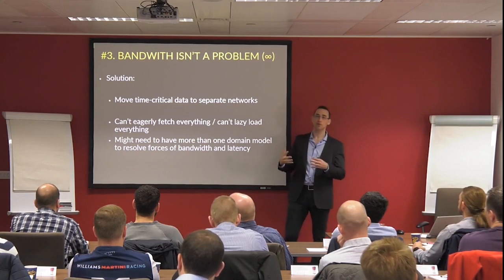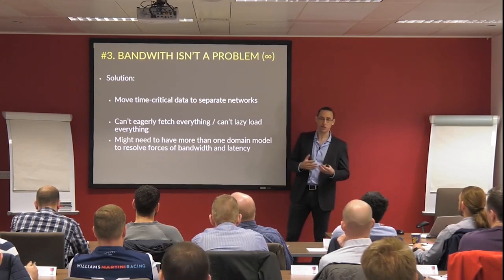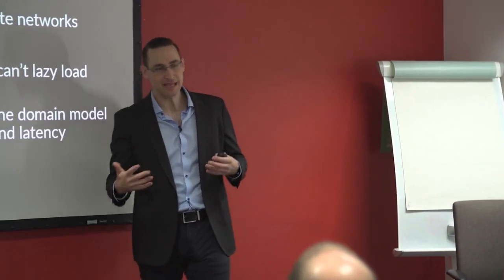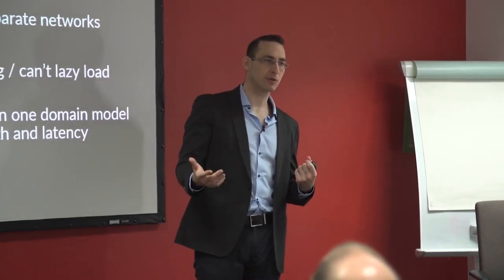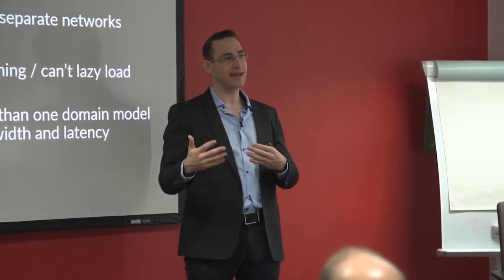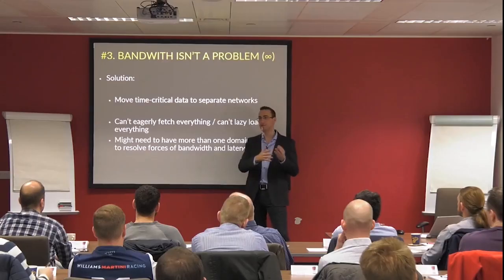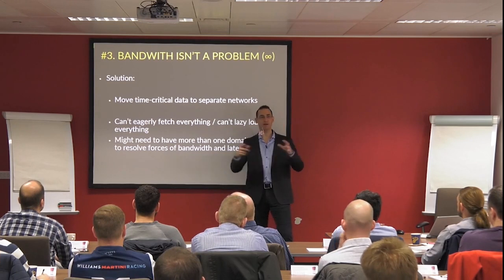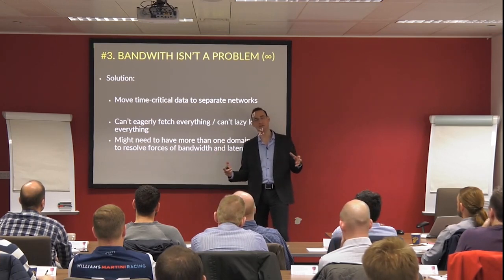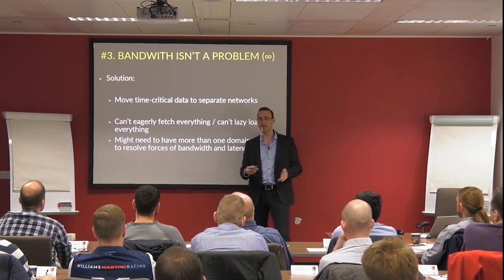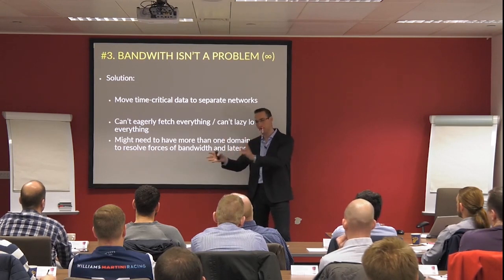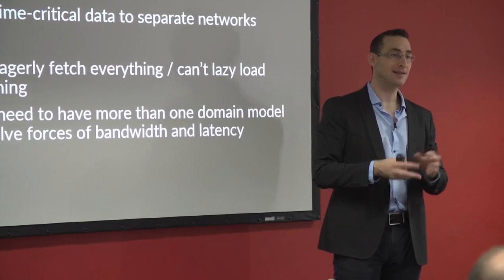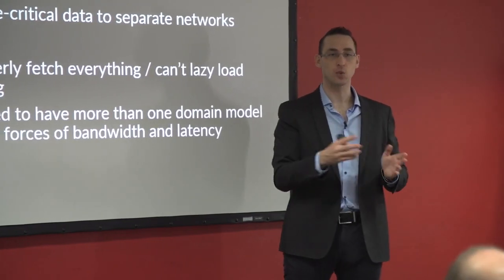You can have more than one network. It is common to have servers that have more than one network card today. And even on top of the same physical network, you can subdivide that into multiple virtual networks, if you will. So instead of having just one monolithic network that handles everything, you can have virtual network A, B, C, however many you want, where in essence you're allocating a certain amount of bandwidth to each one.